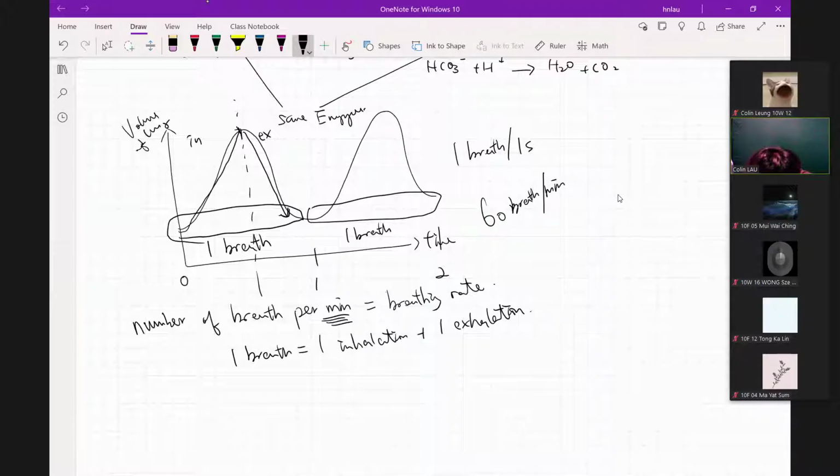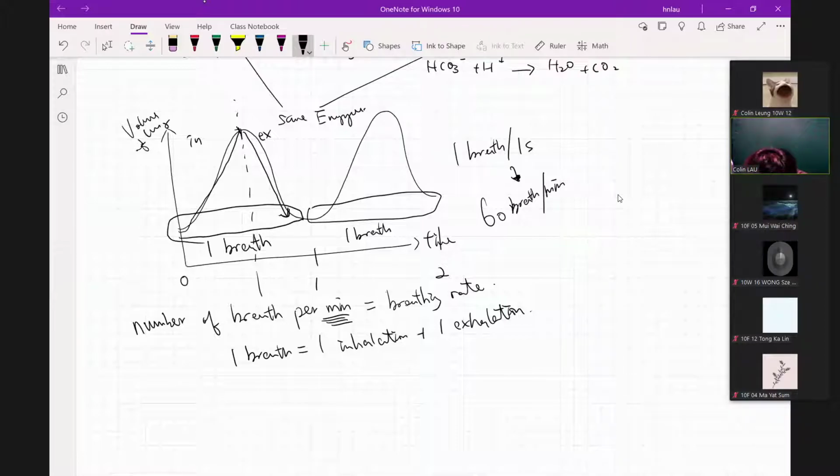per minute. It's a maths question, actually not a tricky one. The key is you should be able to know to read the time required for 1 breath.